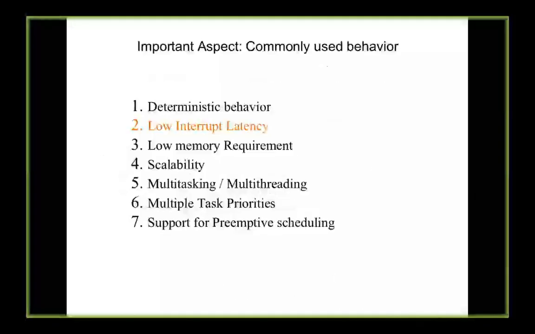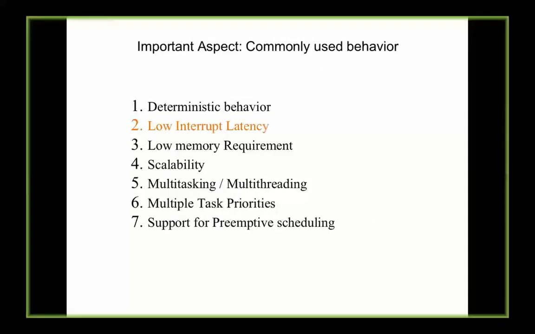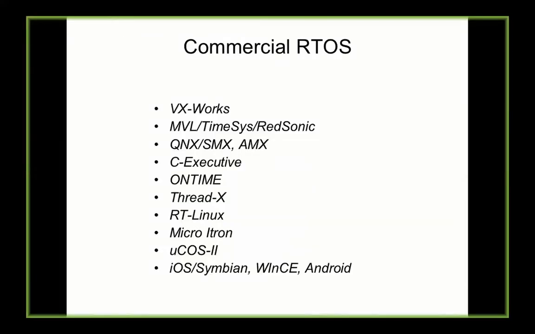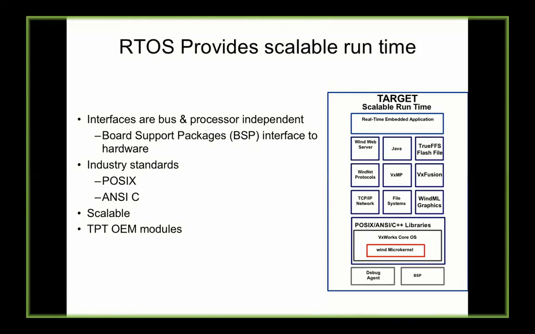We also spoke about some of the four core features and some of the very common features. We tried to differentiate between the attributes of an RTOS and a conventional OS. We spoke about a set of popular commercial real-time OSs, not all, but a handful.